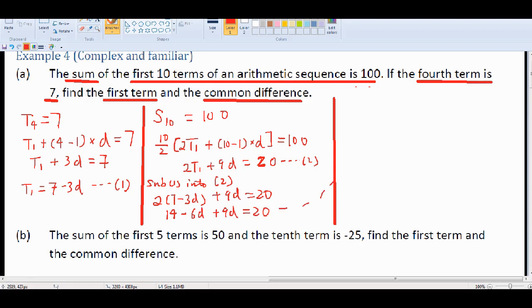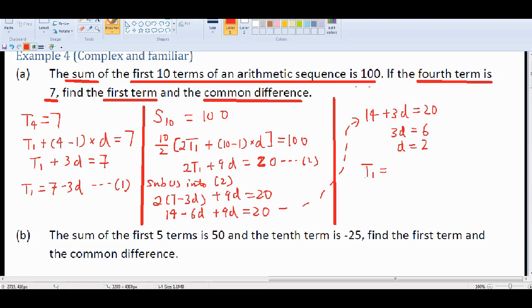Okay, so coming to this part, you will have 14 minus 6d plus 9d, which would be 3d, equals 20. Okay, you move that 14 to the other side, it becomes 6, so d becomes 2. So we got the common difference as d equals 2. How could we find the first term, T1?